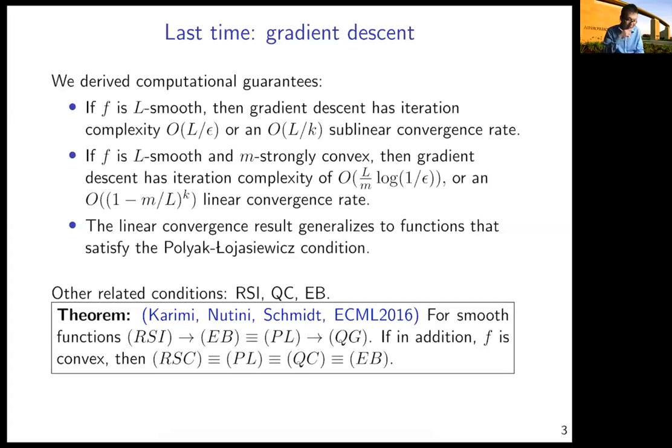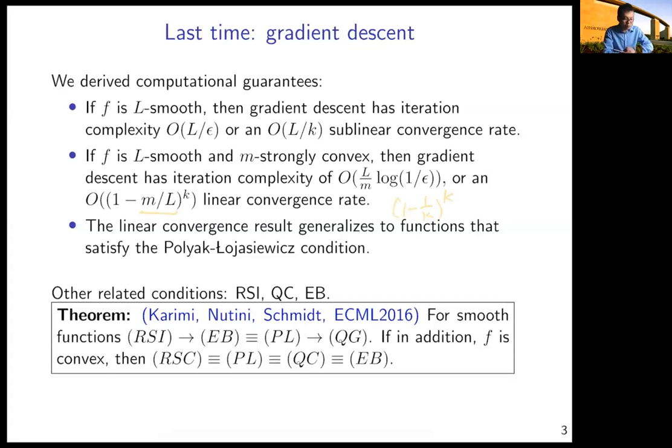And in this case, m over L, in the standard linear regression setting, is also the ratio between the smallest eigenvalue and the largest eigenvalue of the covariance matrix, and that gives us one over the condition number kappa of the problem. So in other words, you can write the convergence rate as (1 minus 1 over kappa) to the power of k.